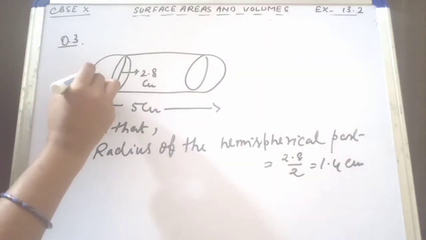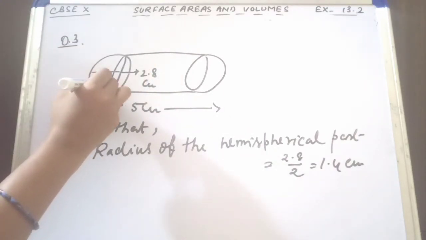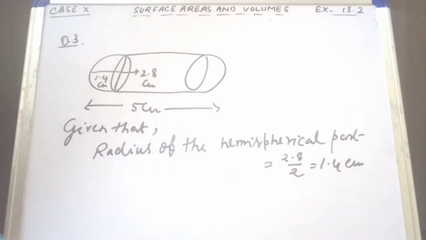So that means also height is equal to 1.4 centimeter because radius is equal to height. So that means this is also 1.4 centimeter.